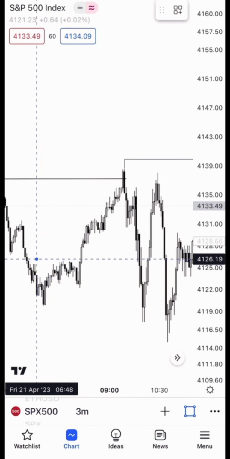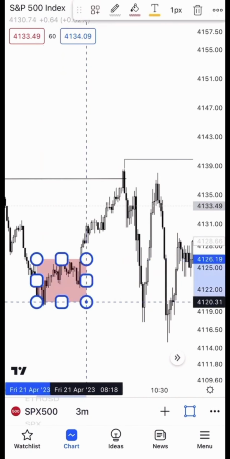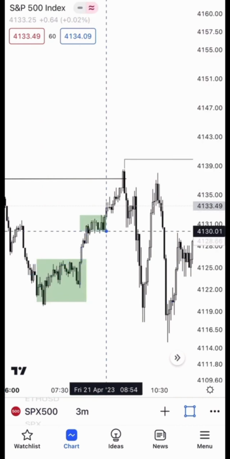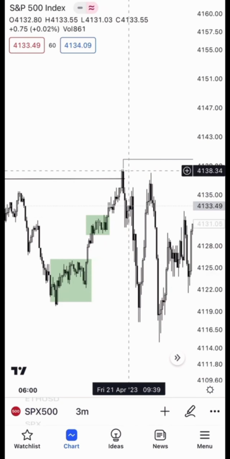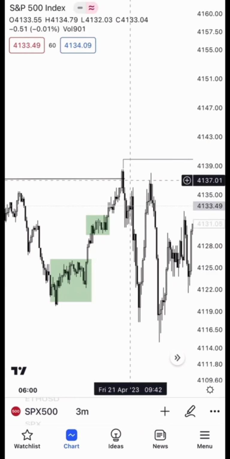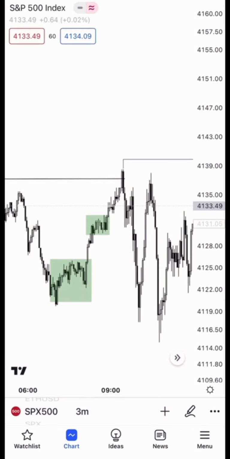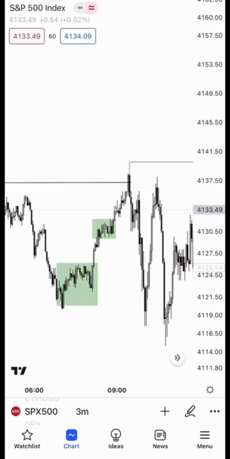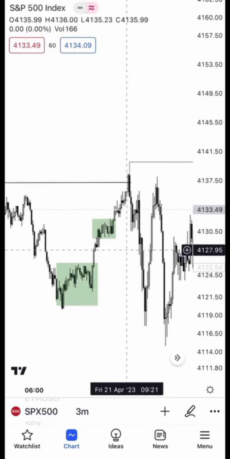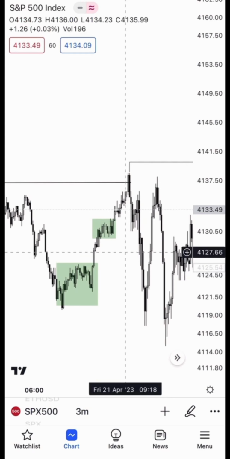at least into the original consolidation of this market maker model, which is a pattern only due to the fact that it climbed up into this higher time frame PD array, right? So it climbed up into the previous day's high and hit the previous day's high at 9:30. So 9:20 onwards, I look for a turtle soup.